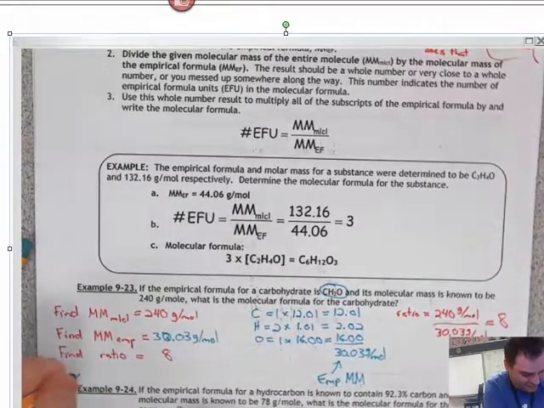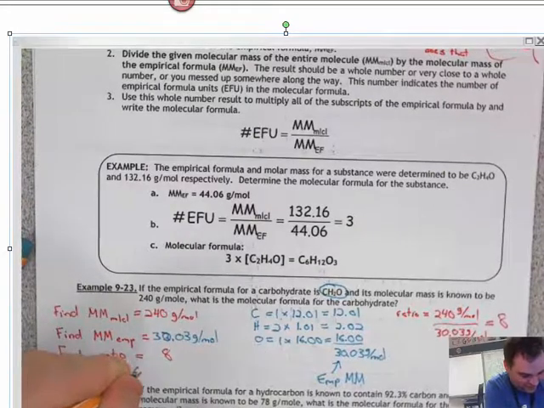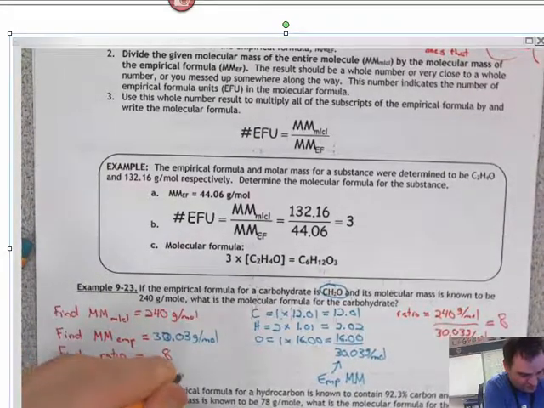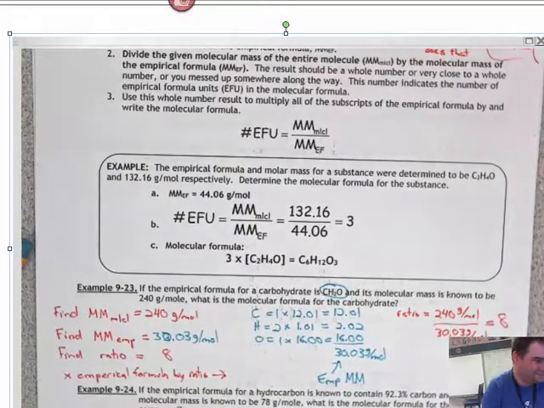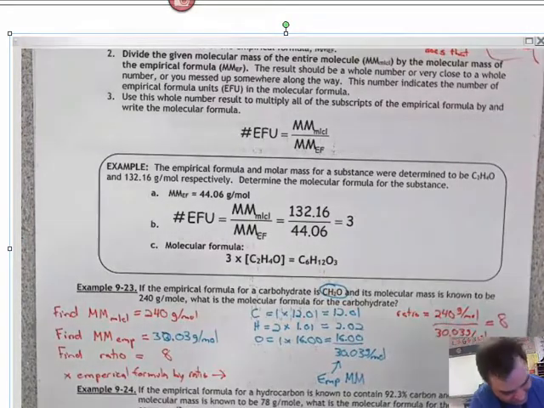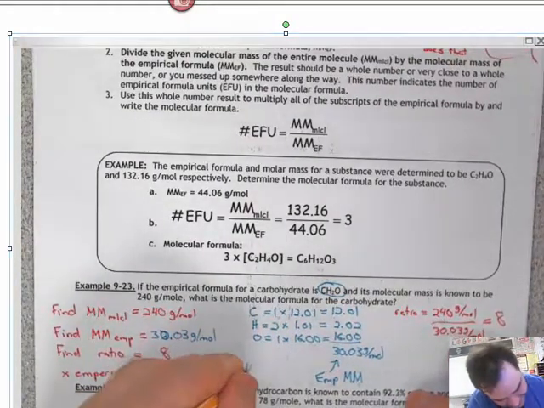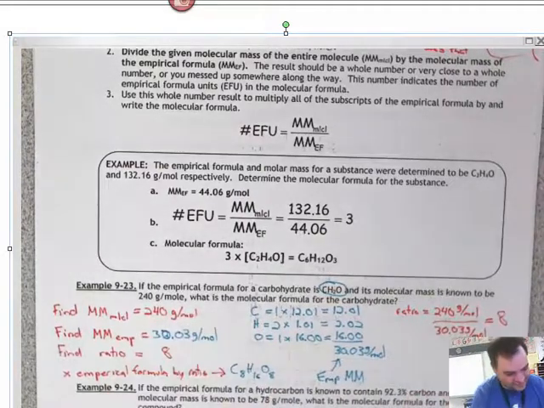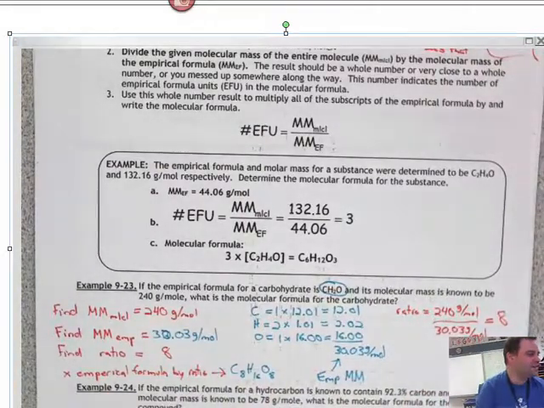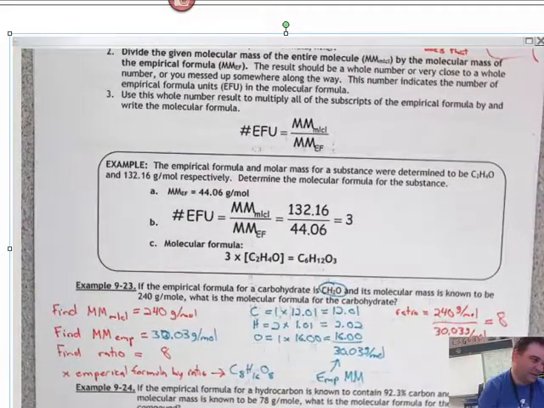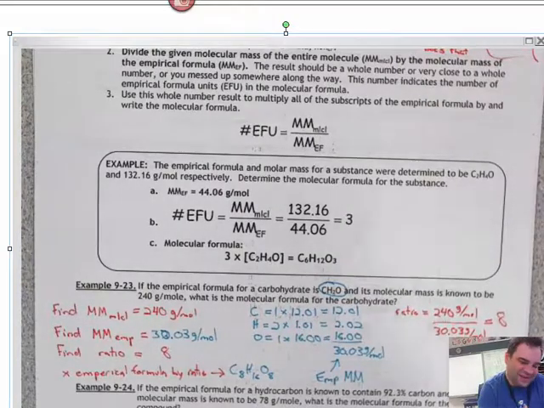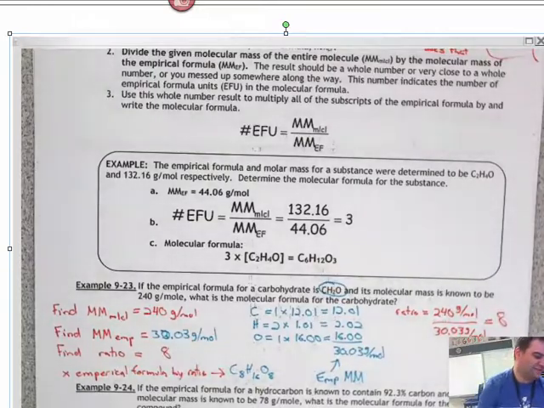Last step, multiply the empirical formula by the ratio, which leads us to C8H16O8. You can check this too by finding the molar mass of this and seeing if it's 240. Do 8 times 12.01, 16 times 1.01, and 8 times 16. And you can double check it that way.